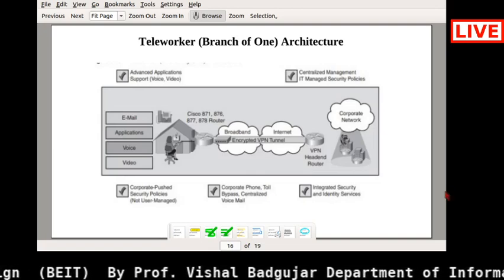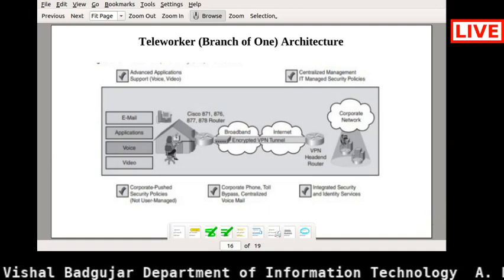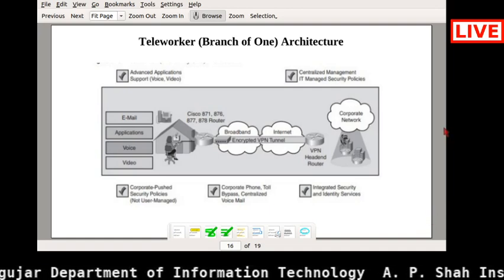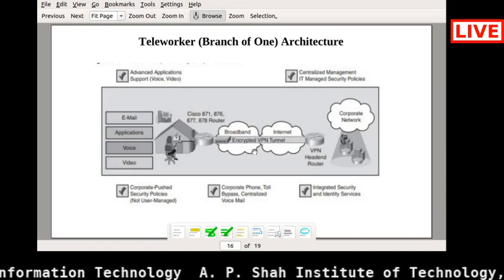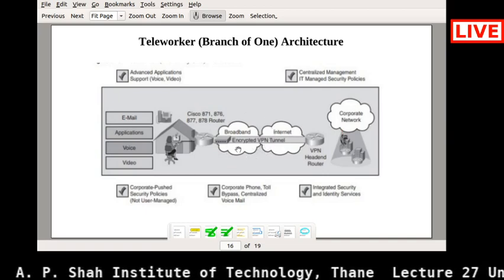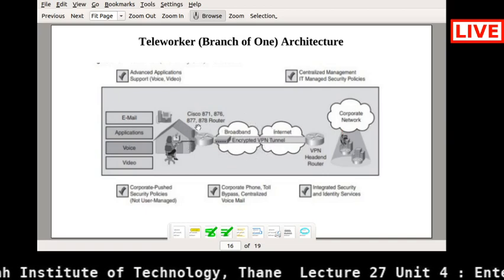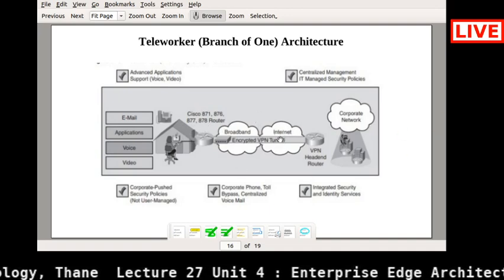If you see in this particular architecture, you will apply some security policies here. I am going to use a VPN tunnel between your home and your corporate network.